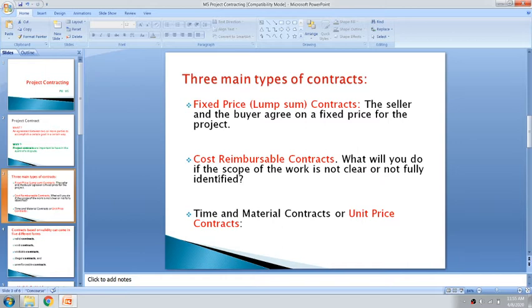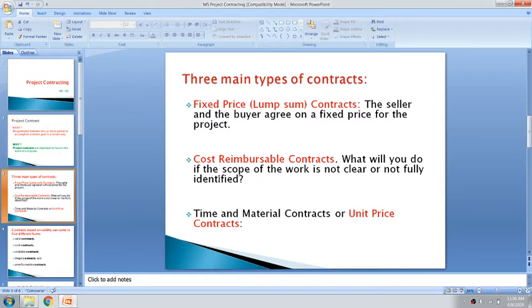The seller and the buyer, the owner and the contractor, agree upon a certain amount of money and they have to execute it. It's compulsory on both parts. When you complete the work, this much money will be given to you. This is what we call fixed price or lump sum contracts.